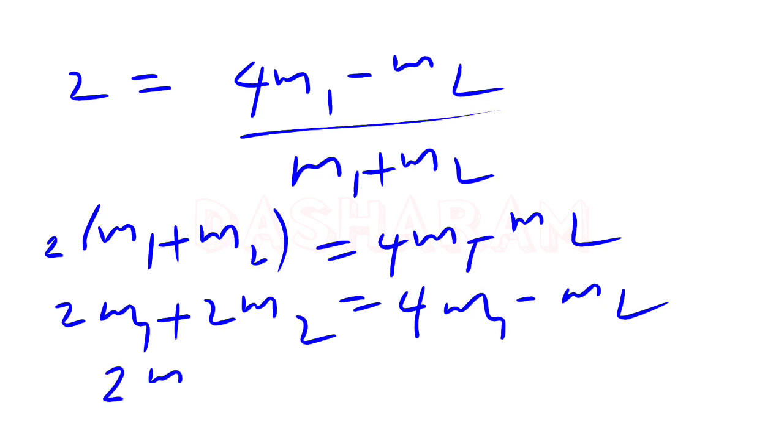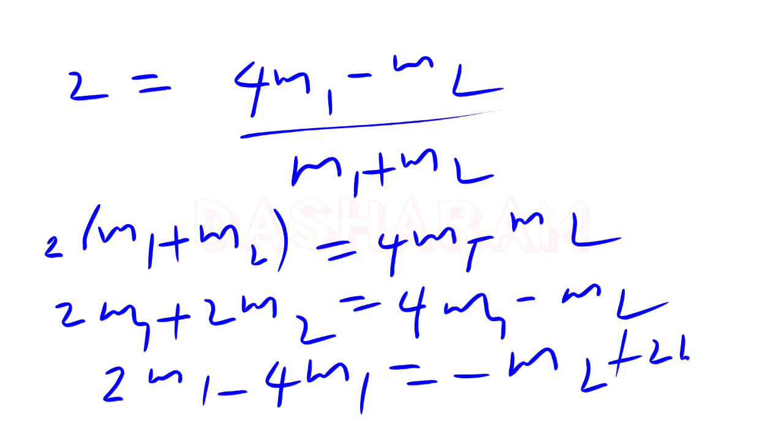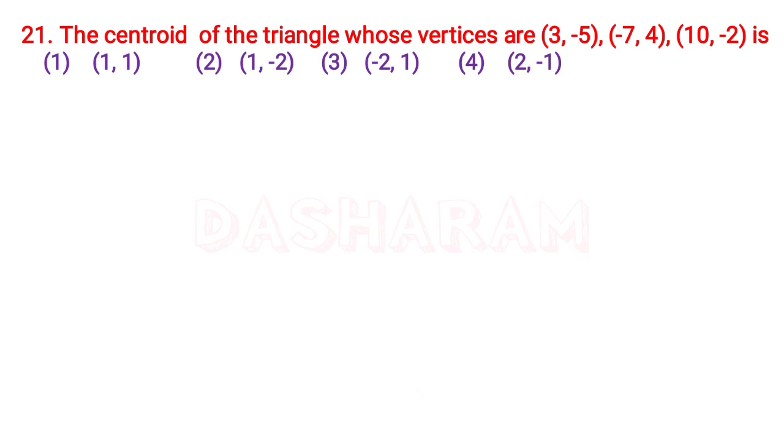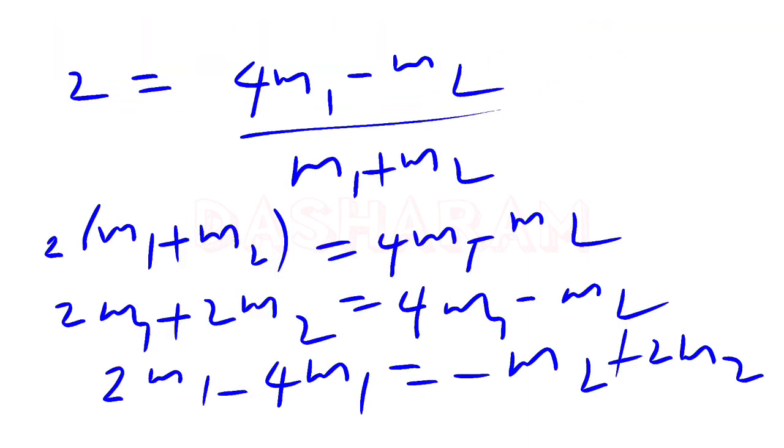So m1 terms are 2m1 minus 4m1, equals to minus m2 minus 2m2.